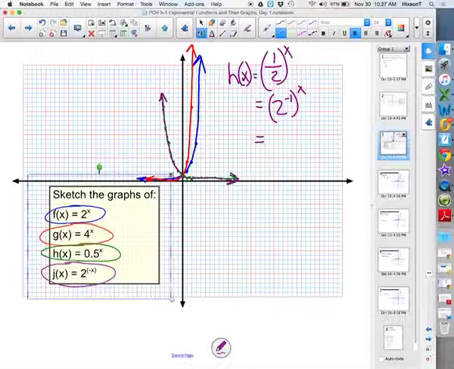You multiply them, so this is 2 to the negative x power, and that's j of x. That's why we got the same graph. They're the same algebraically. So you could actually look at a decay problem as an exponential just reflected across the y-axis.